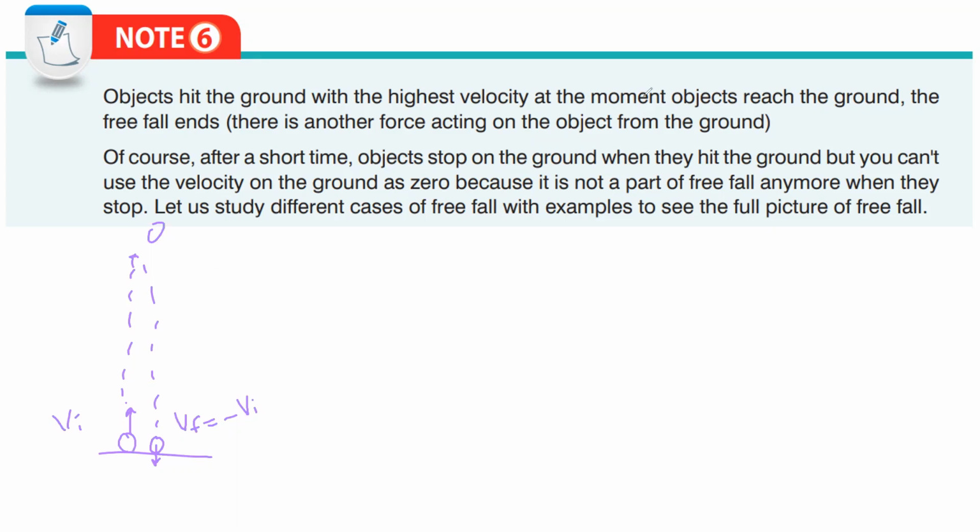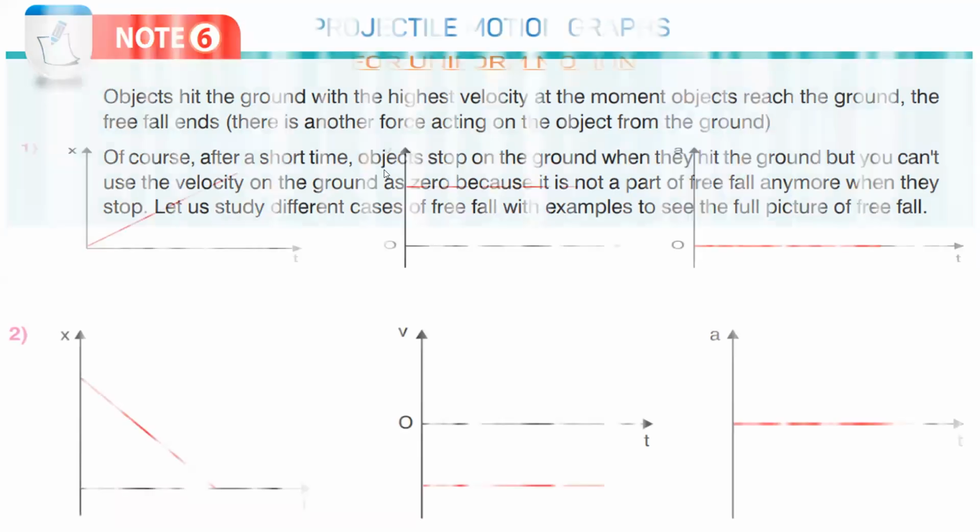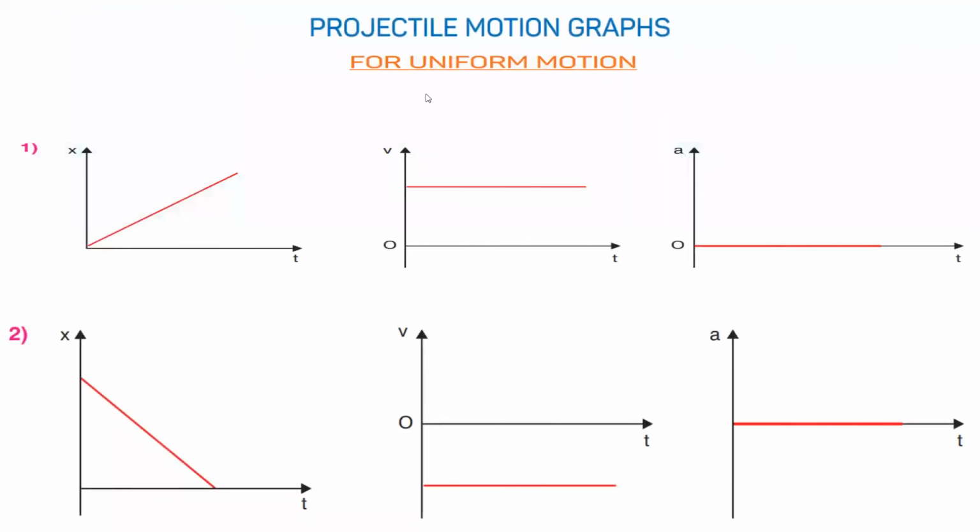Okay, let's continue with the next one. Let's see what else we have. Graph. Yes, from now, we just work with graphs. And then let's see what we have. Uniform motion. What does uniform motion mean? Acceleration is 0. As you see in our graph, acceleration equals 0.